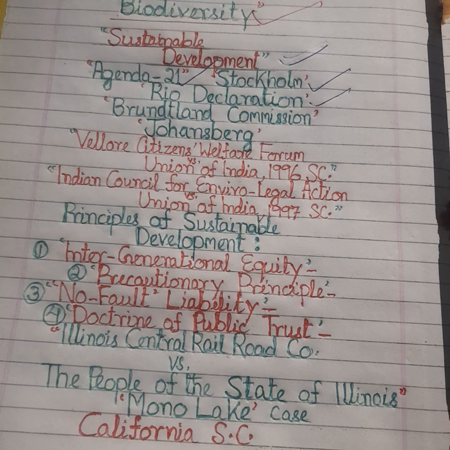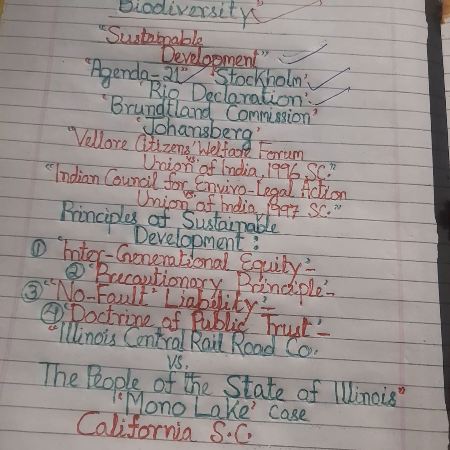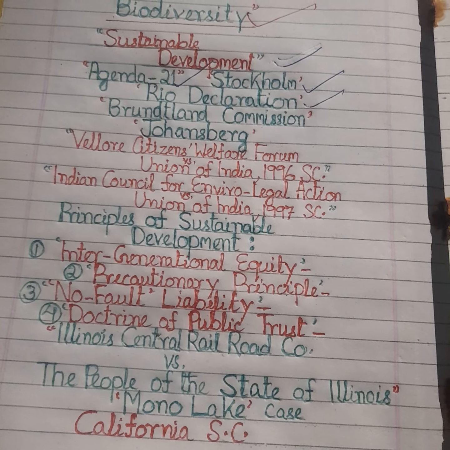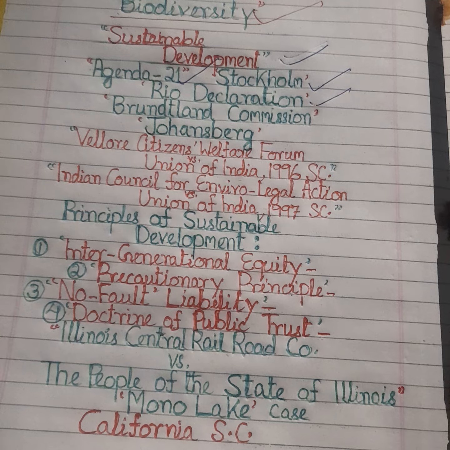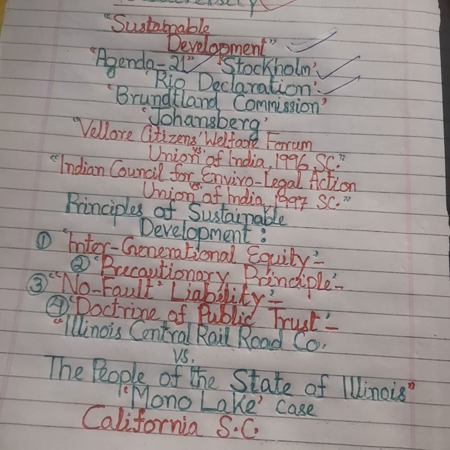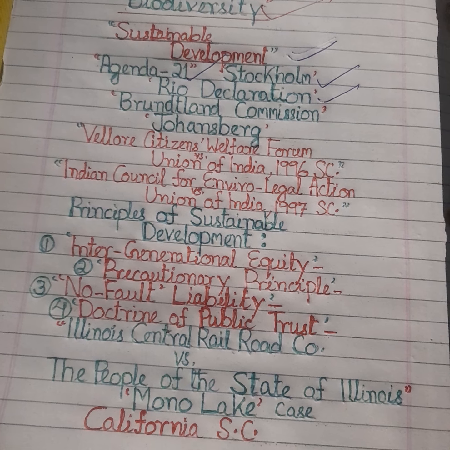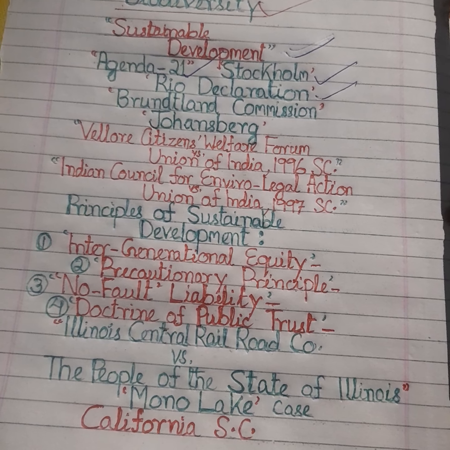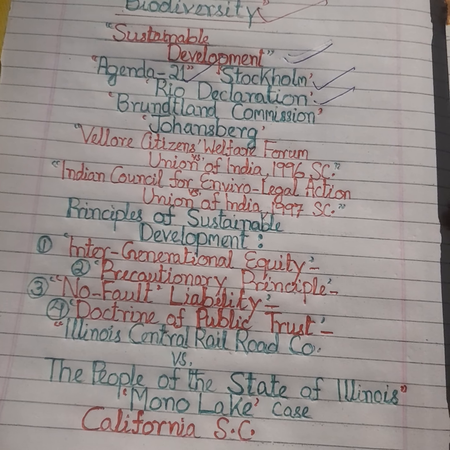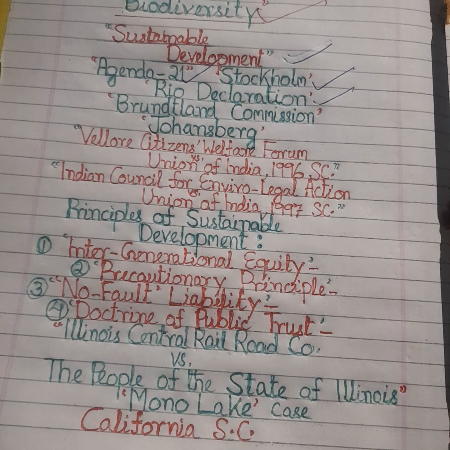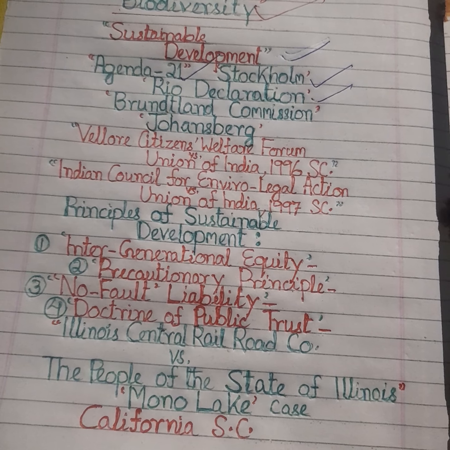The first recommendation made by the Brundtland Commission under the heading Our Common Future is that every human being, as a part of community life, is equal with all living creatures.